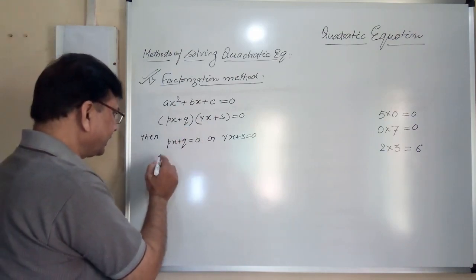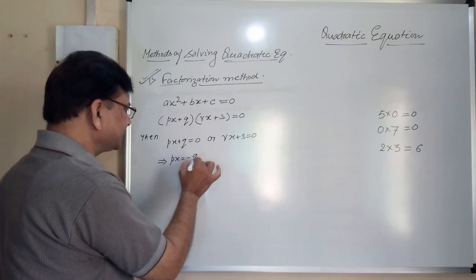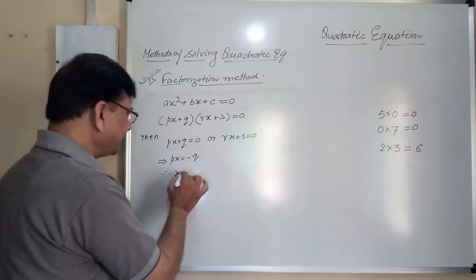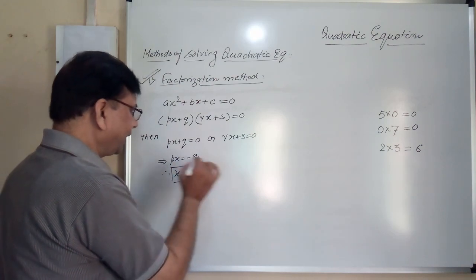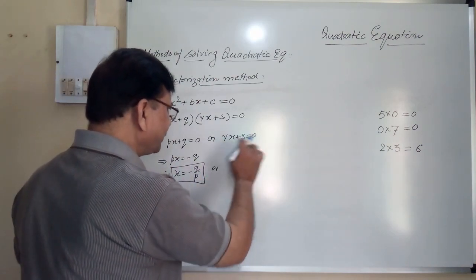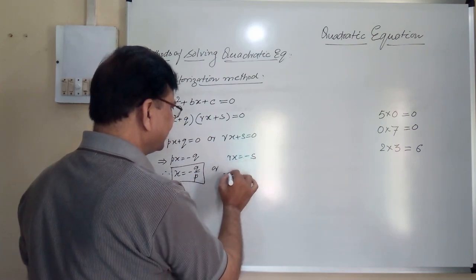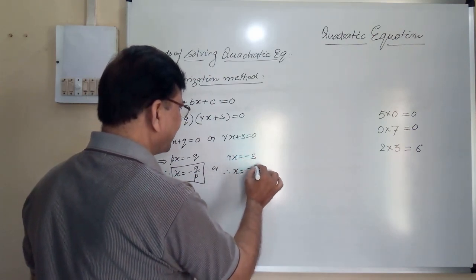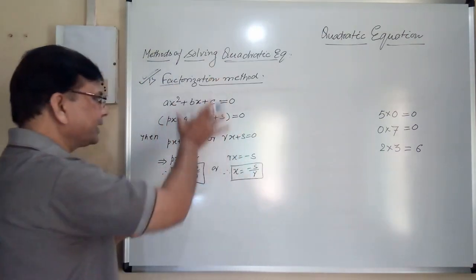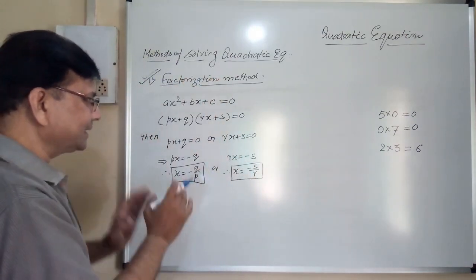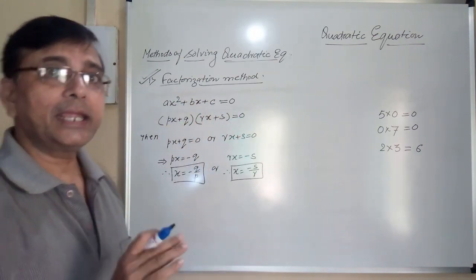If this is 0, then this implies px is equal to minus q, therefore x is equal to minus q by p, right? Or if this is 0, then rx is equal to minus s, therefore x is equal to minus s by r. Means if this quadratic equation is solved in such a way that we are getting two factors, these are called the linear factors.